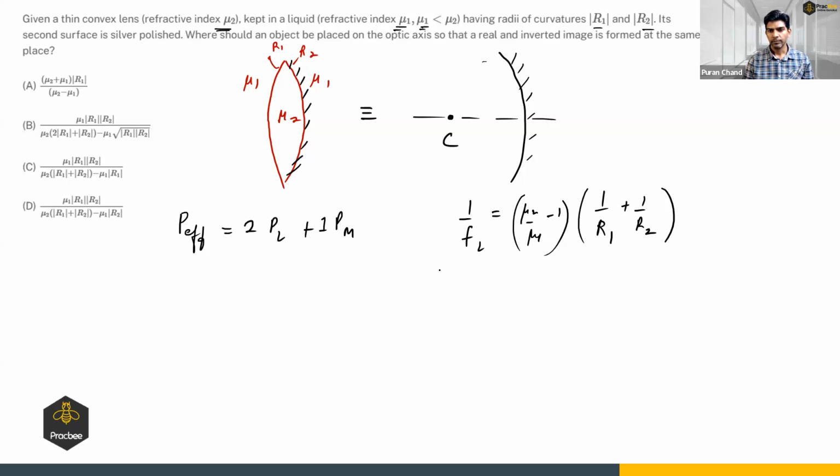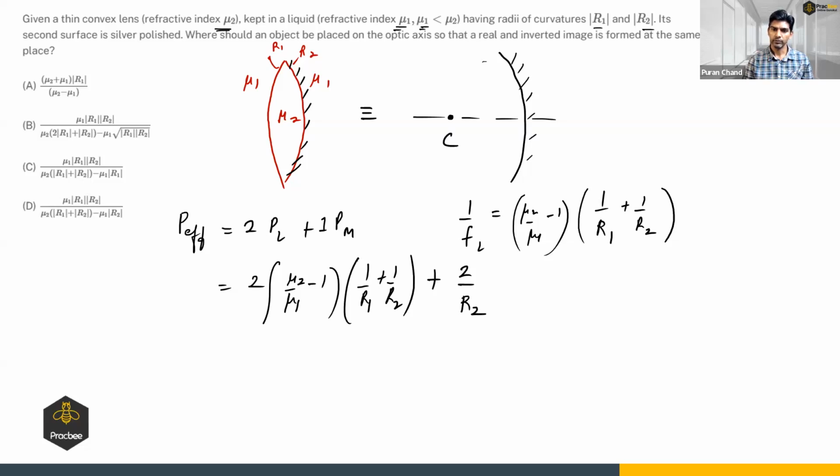Okay, right. So now this can be written as 2 times (mu2 by mu1 minus 1) times (1 by R1 plus 1 by R2) plus, in case of a mirror, power will be the reciprocal of the focal length. So that will be 2 by R2. Is it clear? 2 by R2.